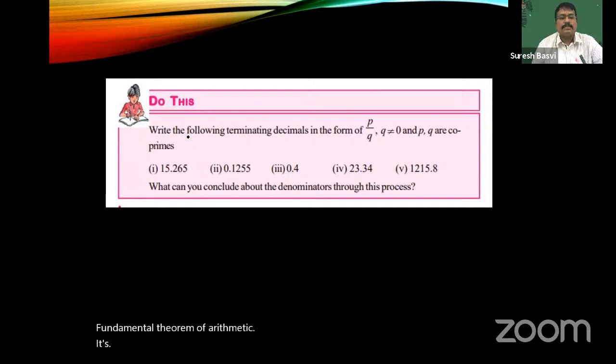Here, do page number 8. Write the following terminating decimals in the form of P by Q, Q is not equal to 0, where P, Q are co-primes, not friends.